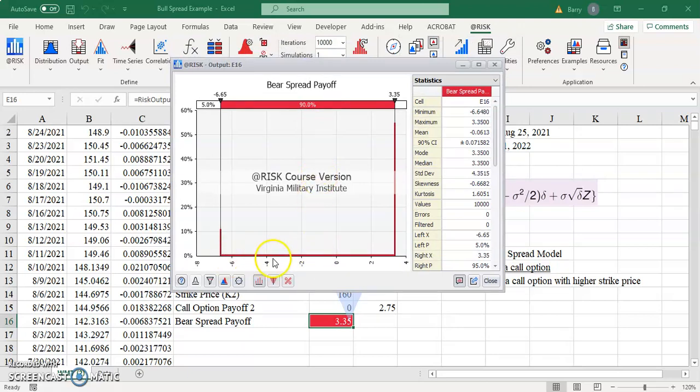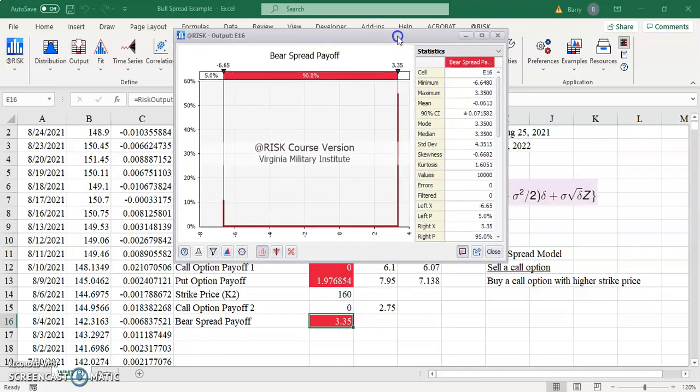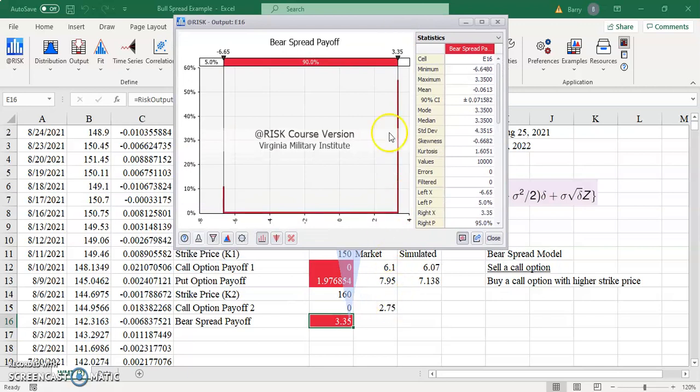What we see is that about 10% of the time, we end up with a loss in the range of -$7. And about 50% of the time, we end up with a payoff of about $3.35. The thing we notice about the $3.35 is that it's basically the difference between the two market prices of the options.